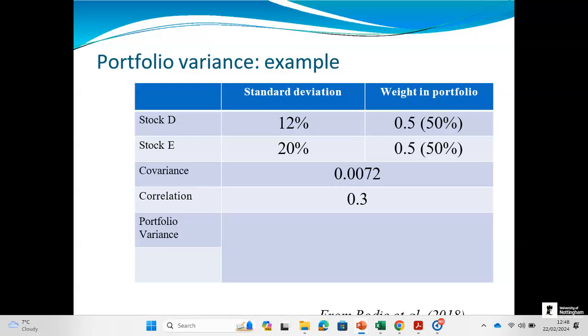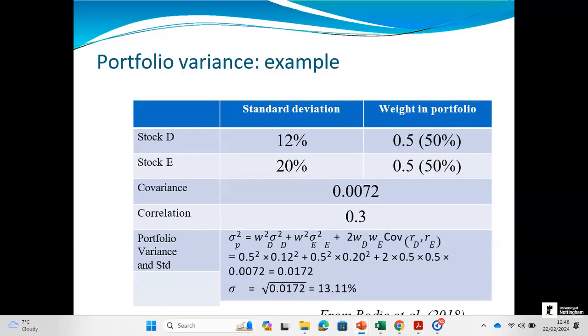The covariance between these two stocks is given, and there is a measure of correlation as well. Given this information, we can calculate the portfolio variance. As long as you have one of these two, the covariance or the correlation, you should be able to calculate the portfolio variance.